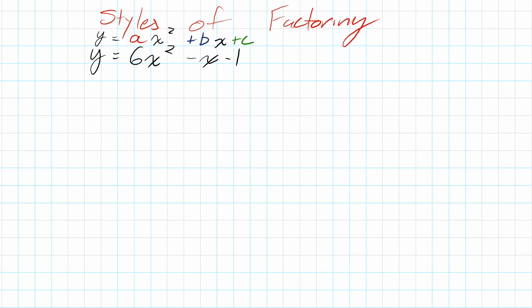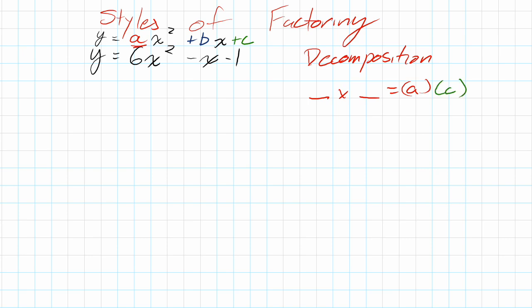So there's a couple different styles. One is called decomposition. We'll just go through two of them. And decomposition actually uses the product and sum to start. So you're actually looking for two numbers that multiply to the a value times the c value.